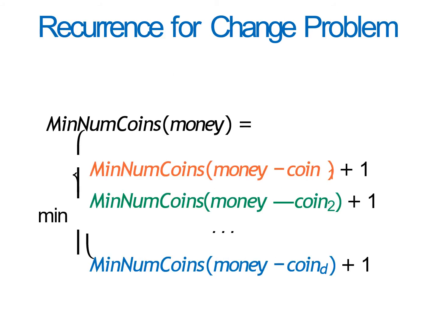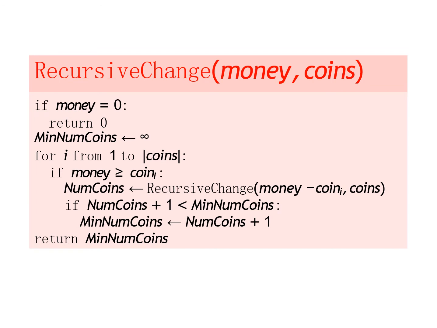Therefore, an approach to solving this problem would be to use this recurrence to write a recursive program. This idea is implemented in the program RecursiveChange. To change money cents using coins coin 1, coin 2, ..., coin D, we do the following.